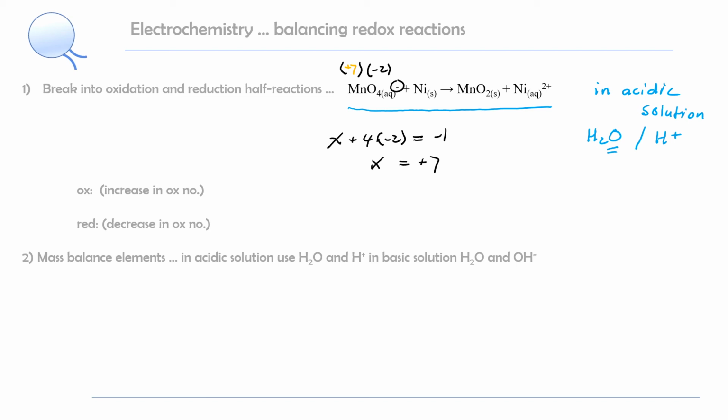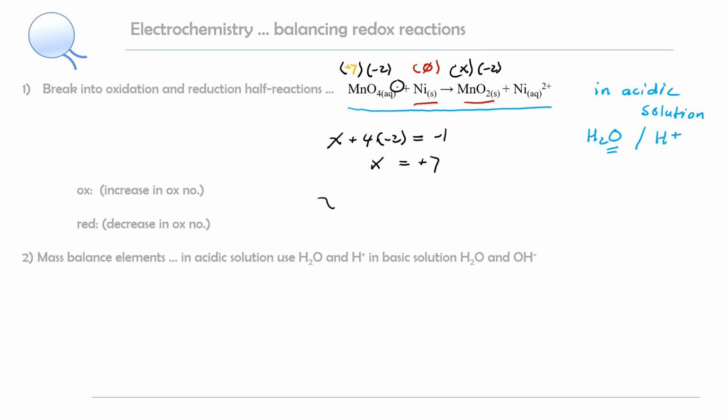Next substance, nickel. That's a pure substance. It is a 0. Other side, MnO2. That is a neutral substance. Oxygen is -2. I don't know the oxidation number on the manganese.